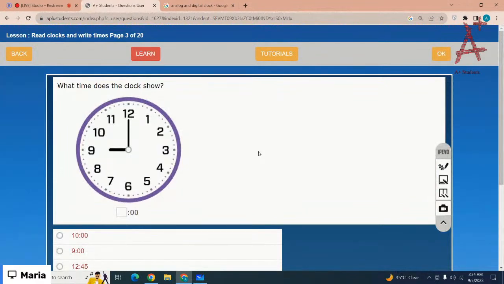Which is the correct option? It is 9 hours and 0 minutes. Option 2 is the correct option.